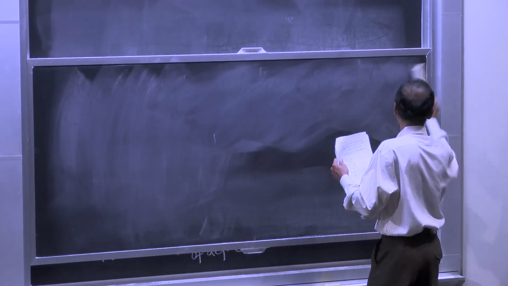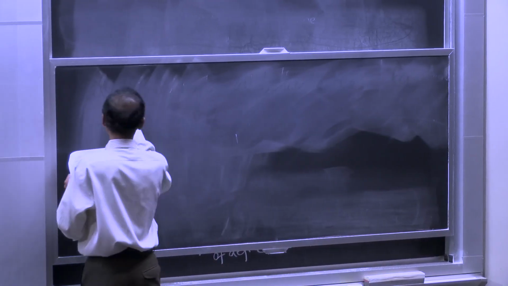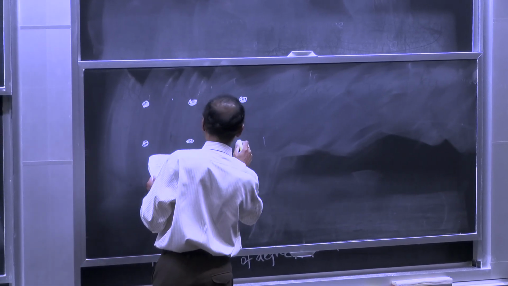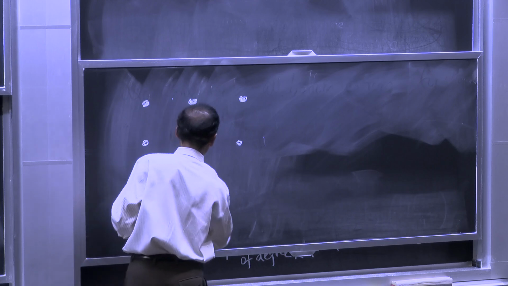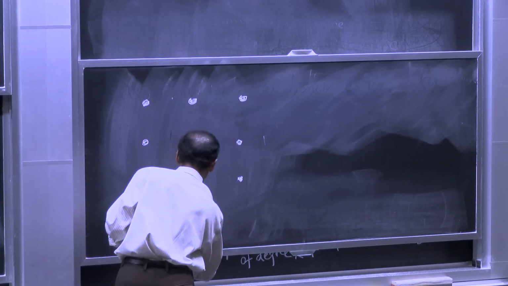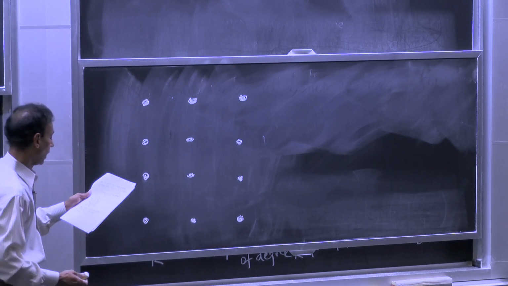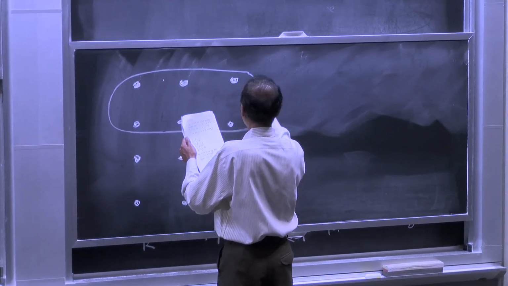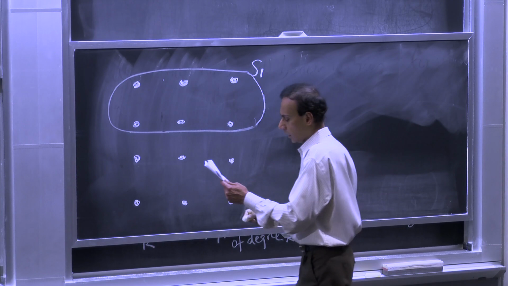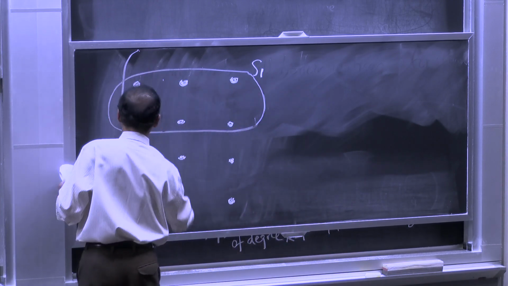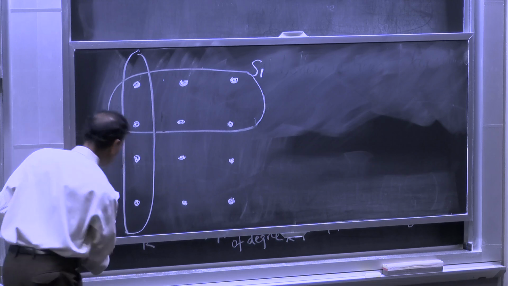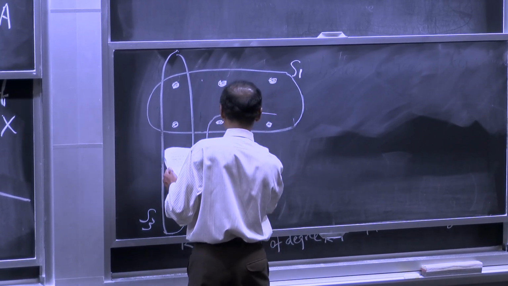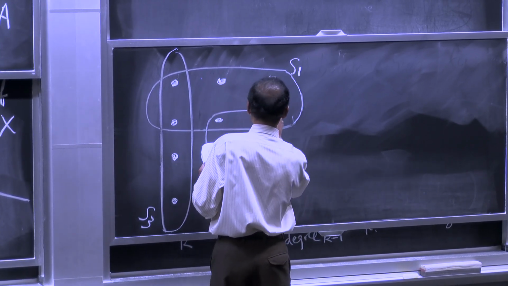You have, let's say, a grid here corresponding to X. So each of these dots that I'm drawing here are elements that need to be covered. Right? So that's my X. And I might have S1 corresponding to that. This is S3, right? And S2 is this thing in the middle. That's S2.